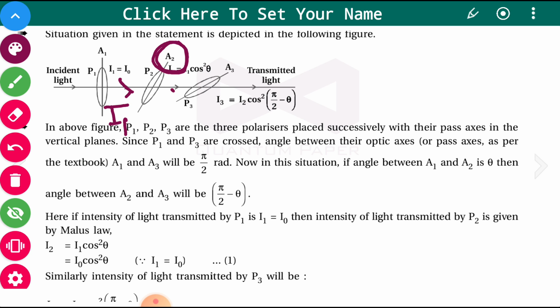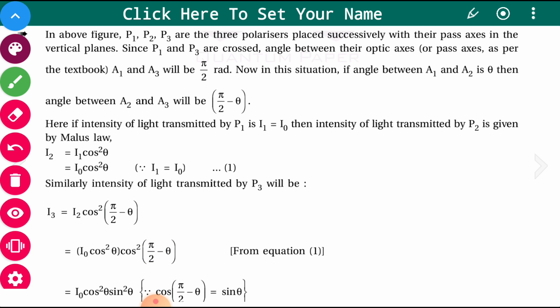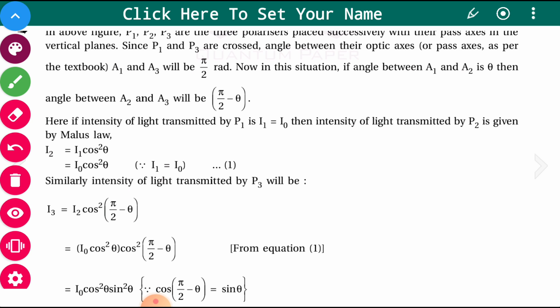Now if I take I1 equal to I0, then it becomes I0 cos square theta.